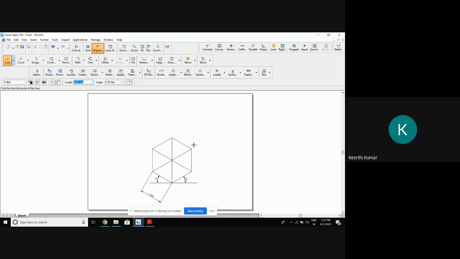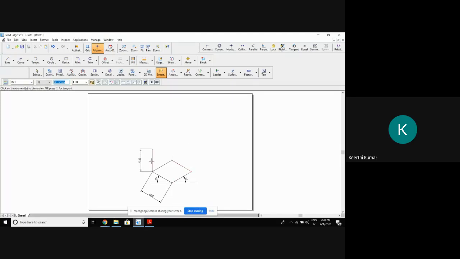Yes, I'll repeat once again. See, what I'll do, first I'll draw the line. From this corner, I will draw the vertical line. That length of the line should be equal to 50 into 0.8164, that is 40.82. If it is not possible to draw 82, just take 40.8, no issue. 40.8, here also 40.8, 40.8, 40.8.